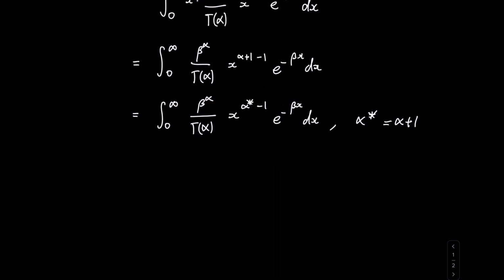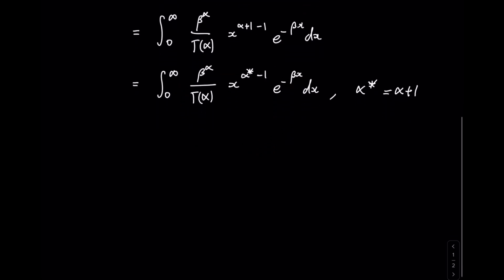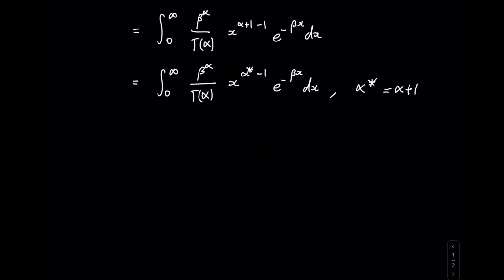This will be a sneaky technique that we're going to use in the integral. So if this were a gamma distribution for a second, I know that I have x to this new parameter alpha star minus 1 e to the negative beta x dx. What would I need at the front of this to complete the distribution?